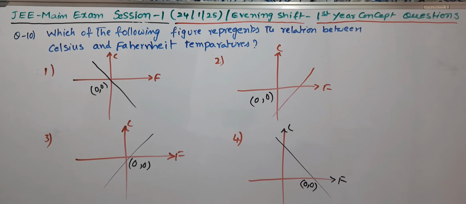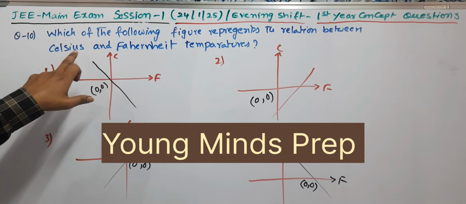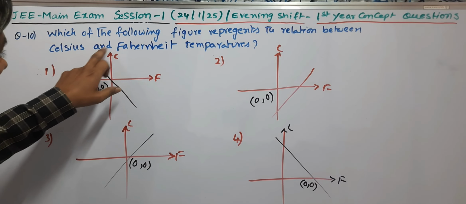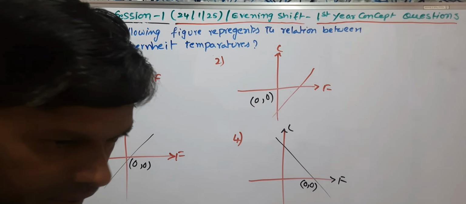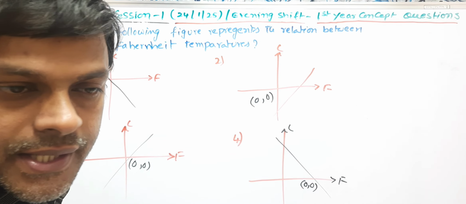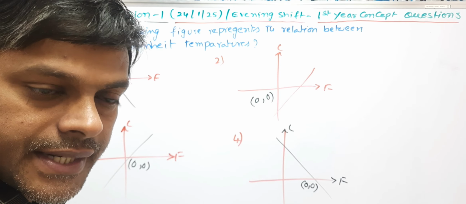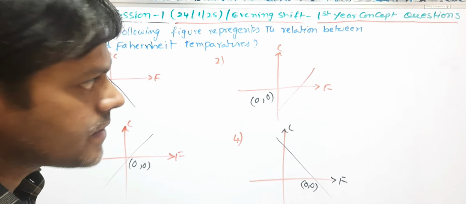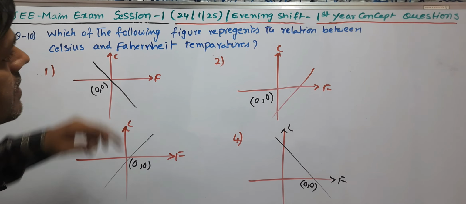The 10th question: which of the following figures represents the relation between Celsius scale and Fahrenheit scale of temperature? You know, there are 4 different scales of temperature for measuring the physical quantity called temperature: Celsius scale, Fahrenheit scale, Reaumur and Kelvin scale. Here, it is asking about Celsius and Fahrenheit scale.